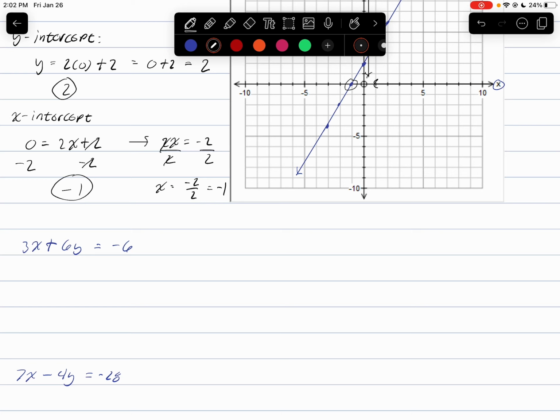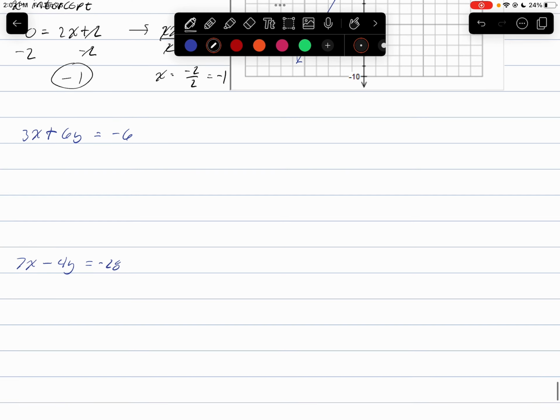You don't have to graph it every time you do this. This is just to give you a visual demonstration of what's happening here. But let's do a couple more examples. Here we have 3x plus 6y is equal to negative 6. Let's say we want to find the x-intercept first. That means we're going to set y equal to 0.